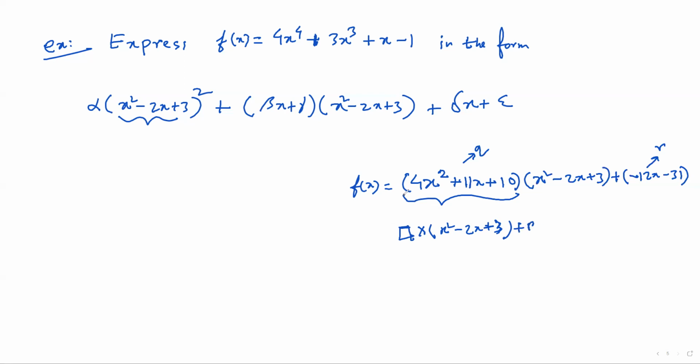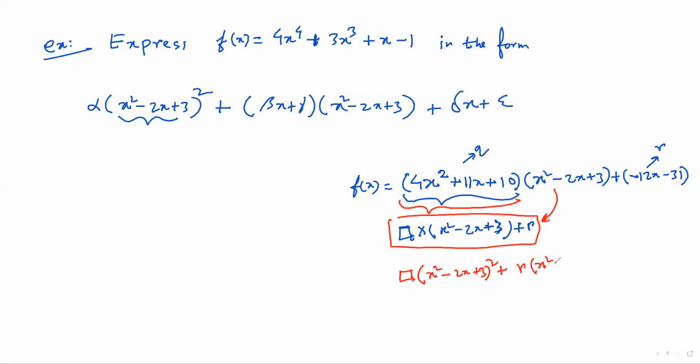So just express this part in this form: something times (x square minus 2x plus 3) whole squared plus r times (x square minus 2x plus 3).